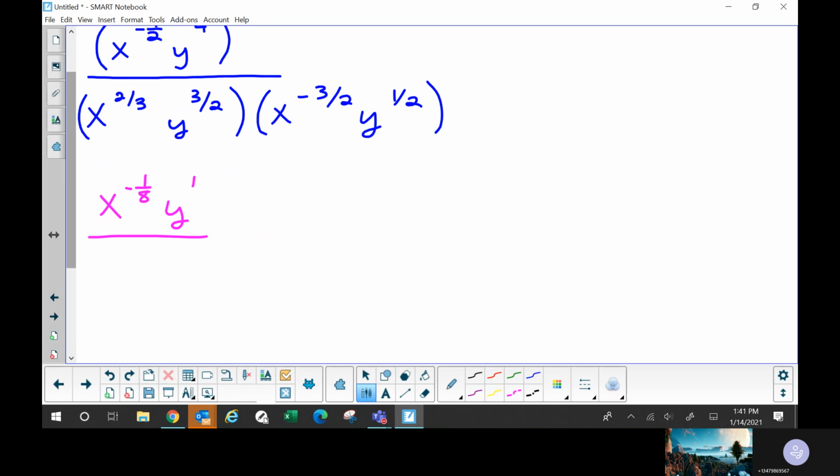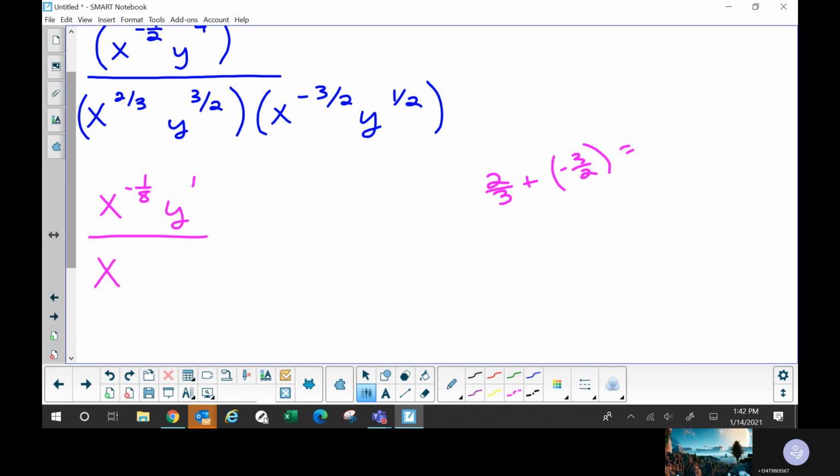So what you're going to end up doing on the bottom, you have x to the 2/3 times x to the -3/2. You are going to add 2/3, I'm going to do this to the side, 2/3 plus we have -3/2.